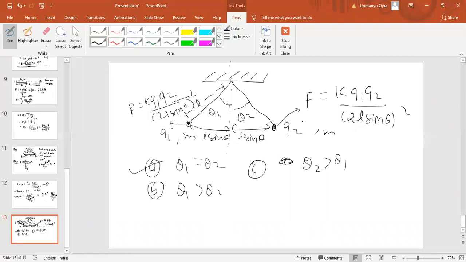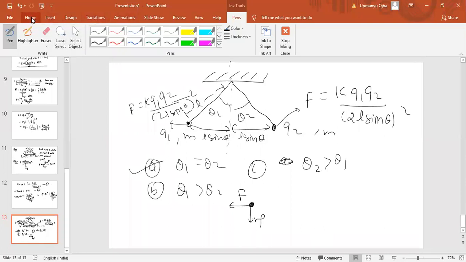For both the bobs, the forces are the electrostatic force F and mg, and both are equal. So if the forces are equal, the angle which each ball makes from the vertical will be the same. That is, theta 1 equals theta 2. So A is the correct option.